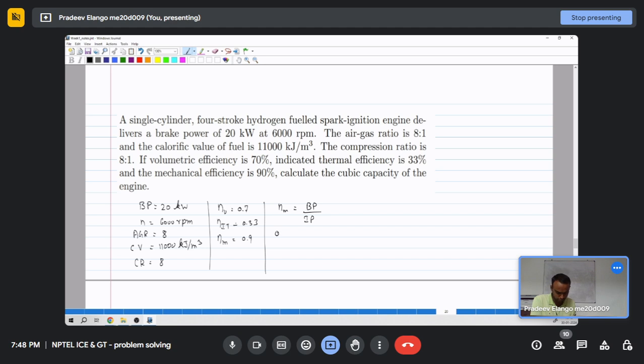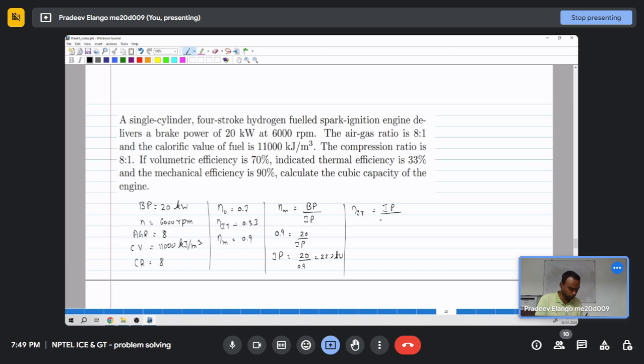Mechanical is 0.9 and brake power is 20. So indicated power is 20 by 0.9, that is 22.2 kilowatt.